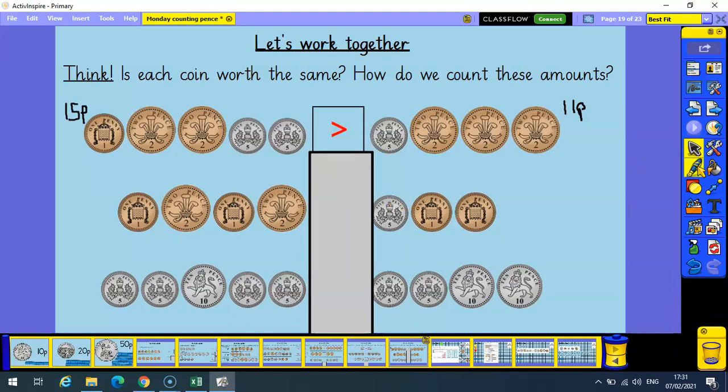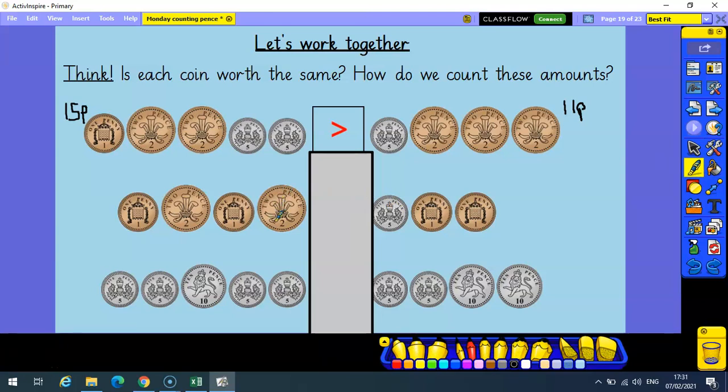15 pence is greater than 11 pence. Let's try it on the next row. Remember, we start with the coins that have the greatest value. 2, 4, 5, 6. 6 pence. And I'm happy for you to write your working out on your sheet like this. It's quite important to show it, because it shows how clever you are.